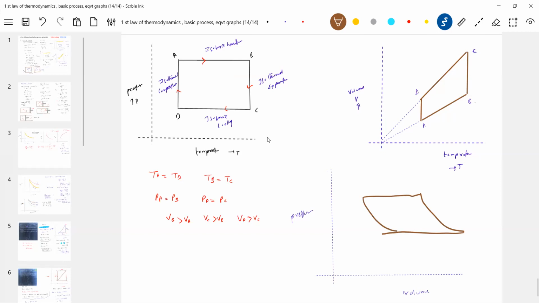Then isothermal. And I'll give a better graph. Straight line will take it here. Rectangular hyperbola.